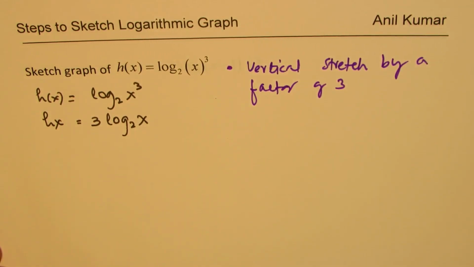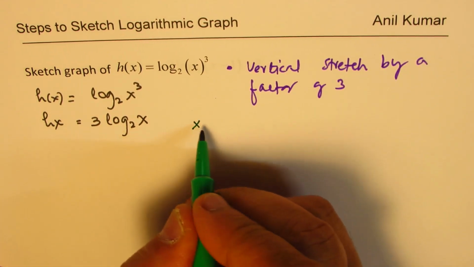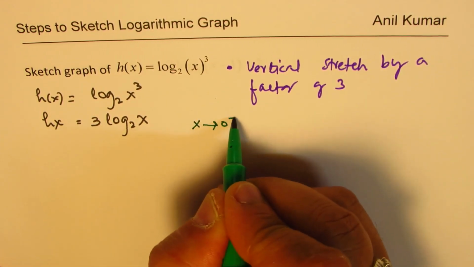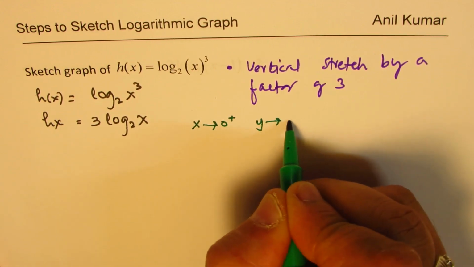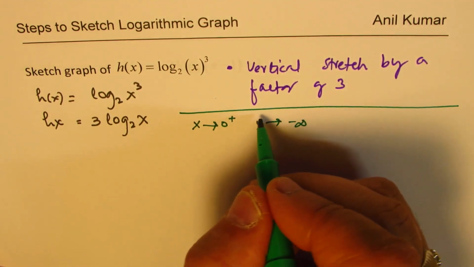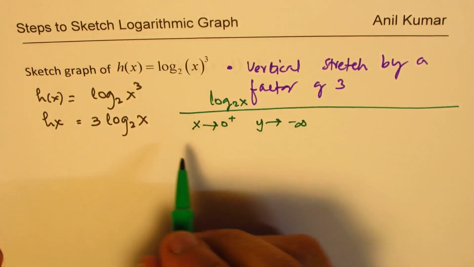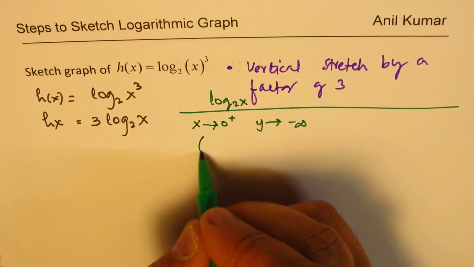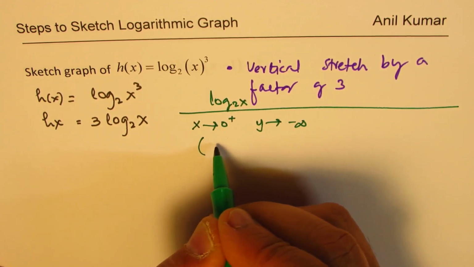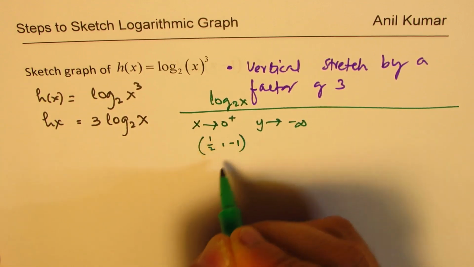So now what happens to our critical points? The original critical points were kind of like this. When x approaches 0 from the positive side, y approaches negative infinity. These are the points which I am now writing for log to the base 2 of x. Correct? And if we have half here, we get minus 1.